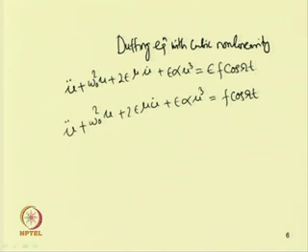So, in the first case, as the forcing term is one order less than that of the linear term, that is omega square u, we have studied only the principal parametric resonance.